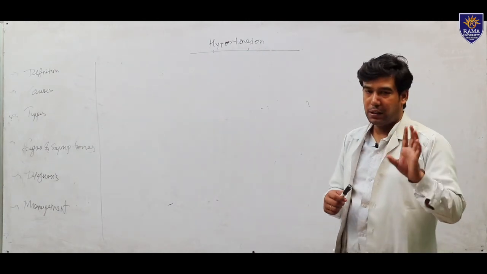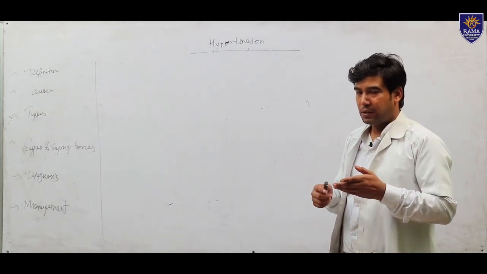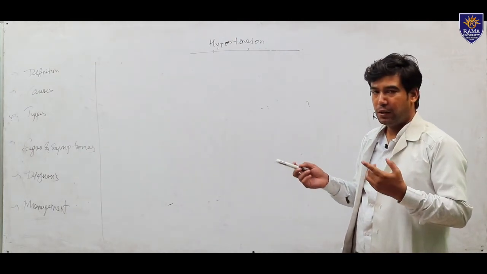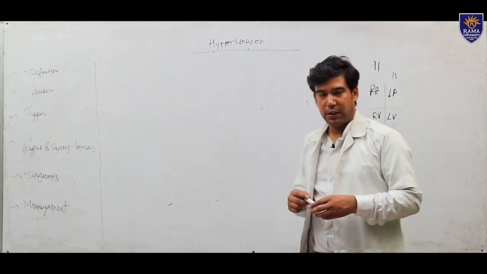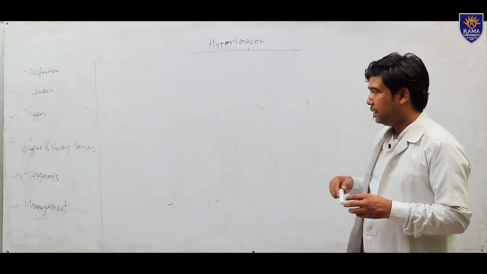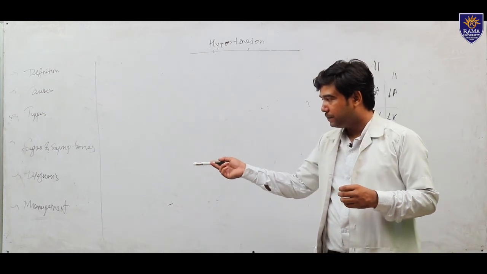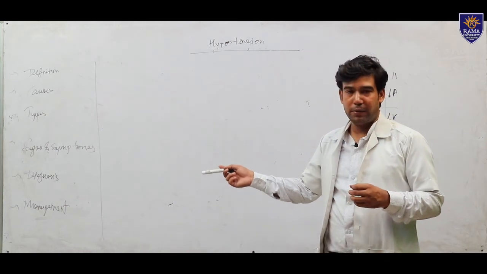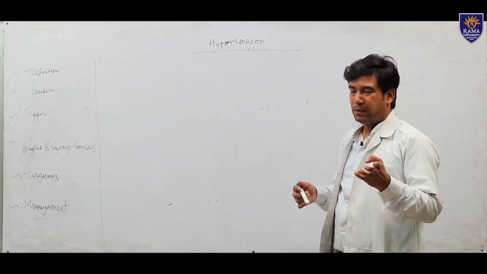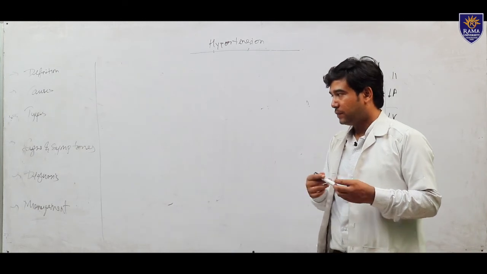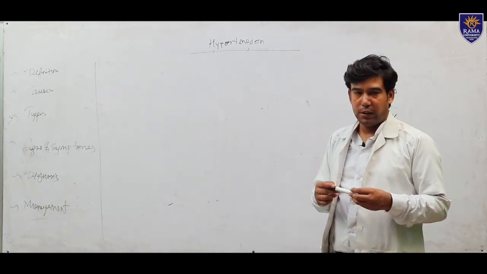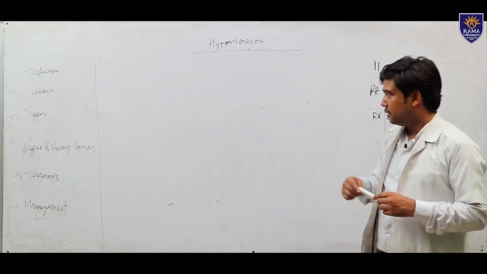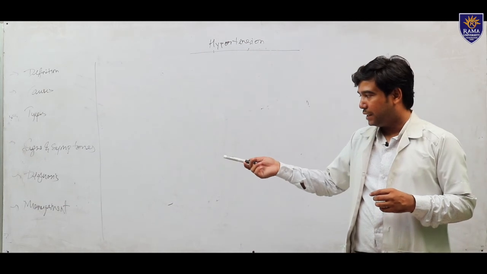In history collection we can check the past history, like if he or she has diabetes mellitus, then it can happen. We can also do the CBC, complete blood count, ECG and chest X-ray.